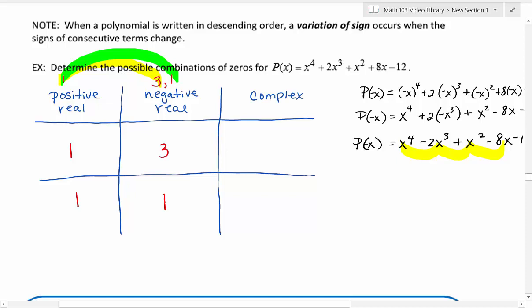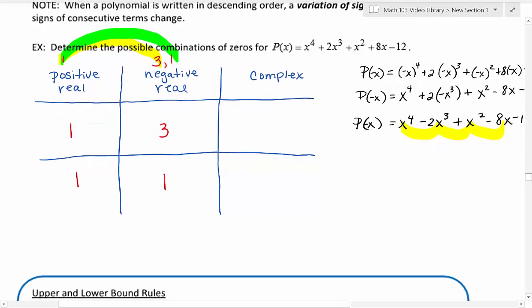To get the numbers that go in our complex column, we're going to go back to our n-zeros theorem. We know by that theorem that the number of zeros is equal to the degree of the polynomial. Each one of these rows has to add across to be the degree.